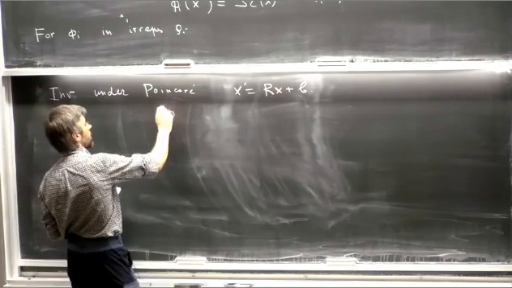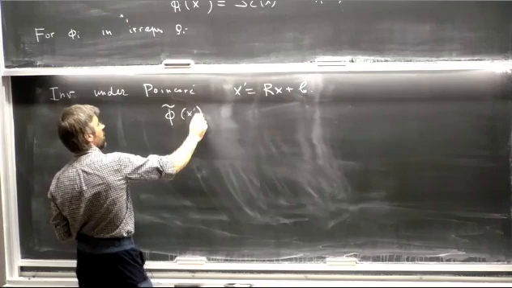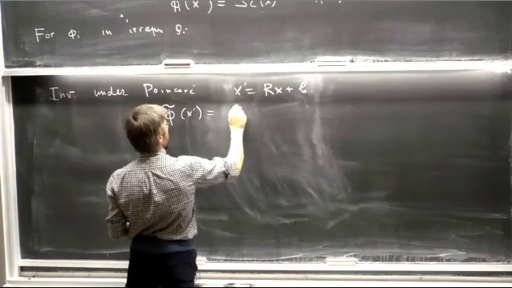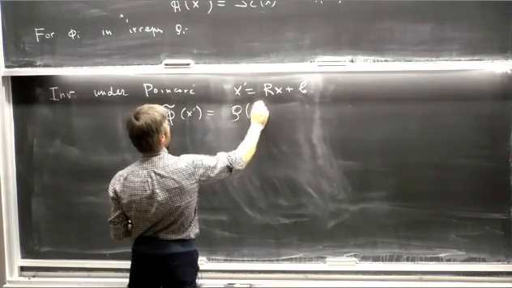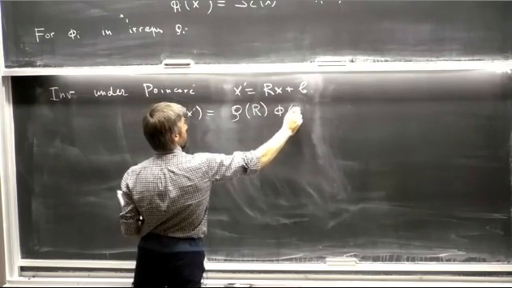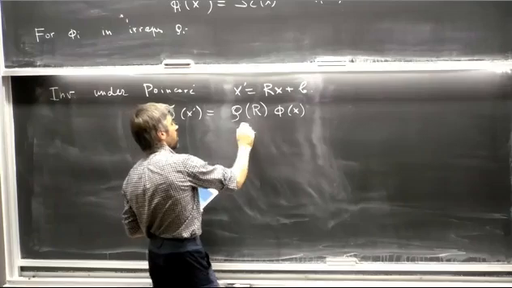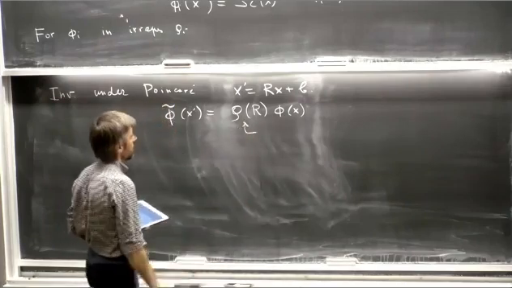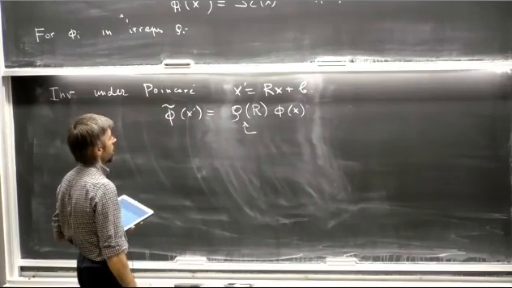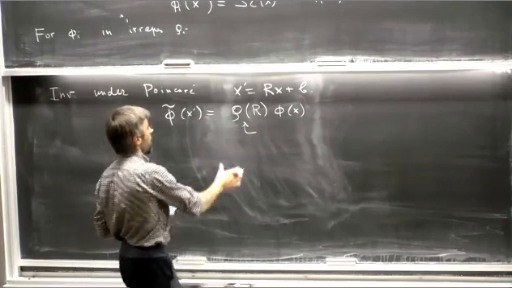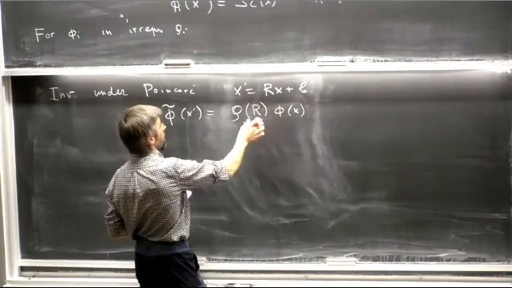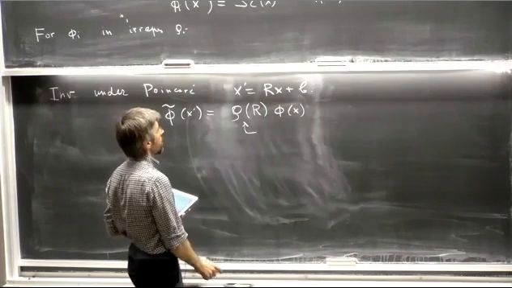It just says that phi tilde of x prime equals rho of R phi of x, where this rho of R is a finite dimensional matrix which acts on the indices of field phi and which represents this matrix R.